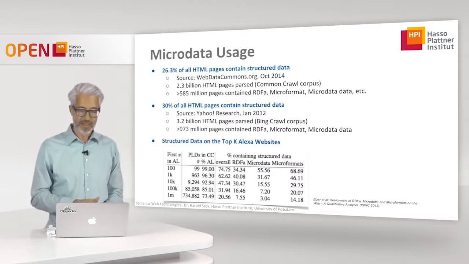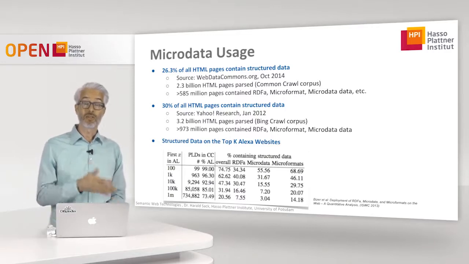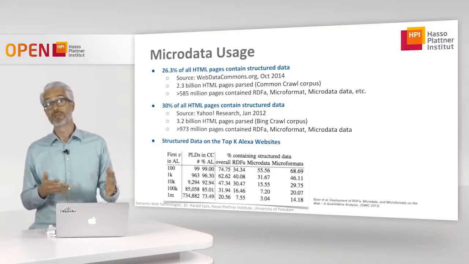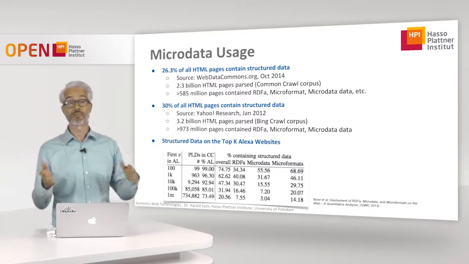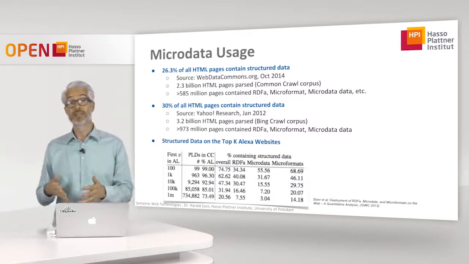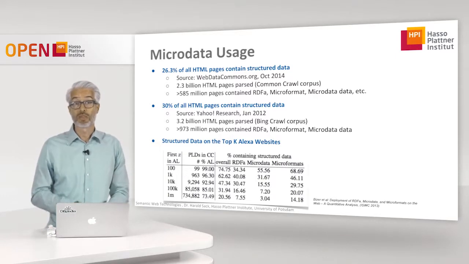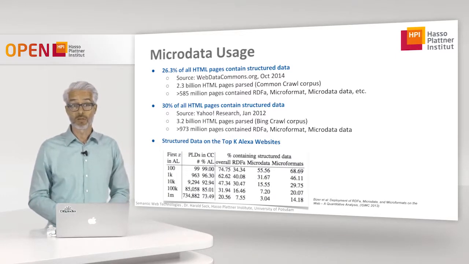Because if you use it, you clearly get a benefit. At least your search engine interprets this data, and if you compare your search result with that of a competitor who does not use microdata, the competitor will not have the same performance within the search engine. And this is a reason for using this kind of microdata.